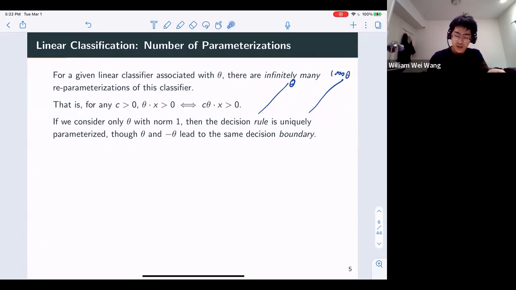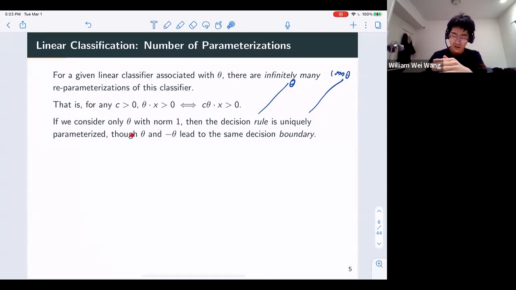If you consider theta with only norm 1, so you decide to normalize it, then the decision rule is uniquely parameterized, meaning the line that gives you the decision boundary, combined with the correct direction, is uniquely parameterized.